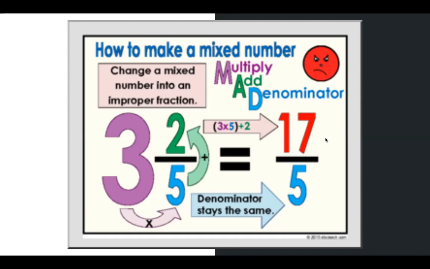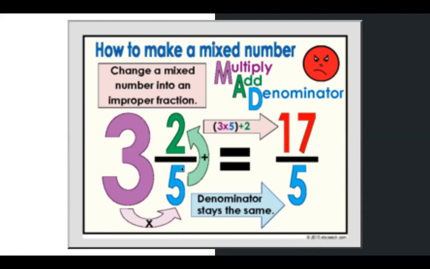Think about that: what is 3 times 5? It's 15, right? And if we add 2 more, that's 17. So we can flip between the mixed number and the improper fraction using these tricks and techniques. So 17 divided by 5 gets us 3 and 2/5.